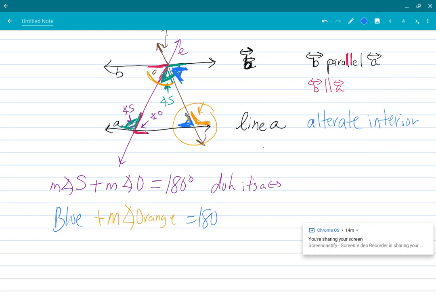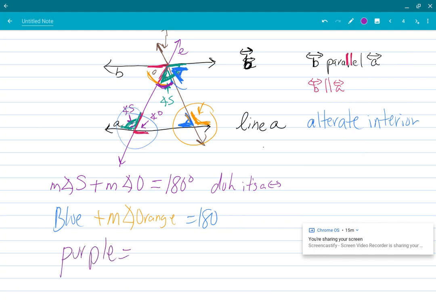So green plus blue is 180, and blue plus orange is 180. All we need is this little piece right here, this little section. Purple.